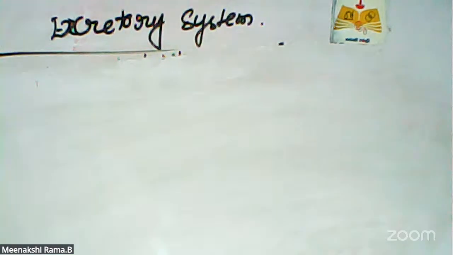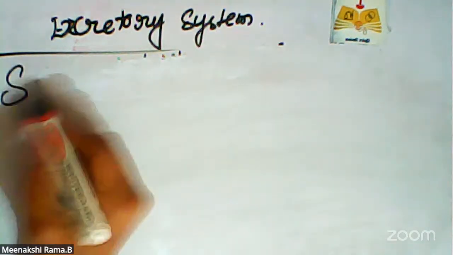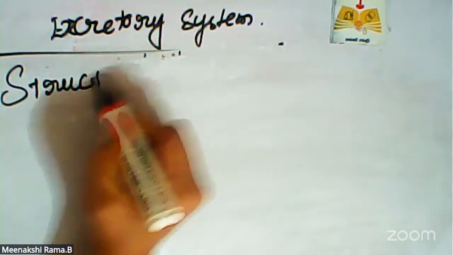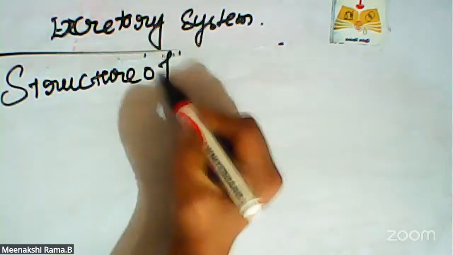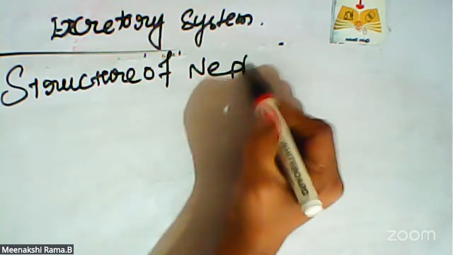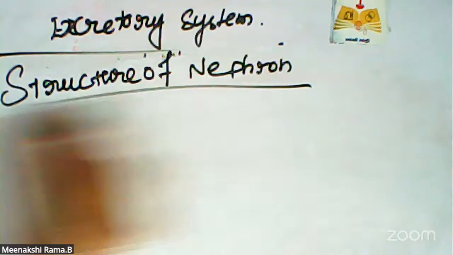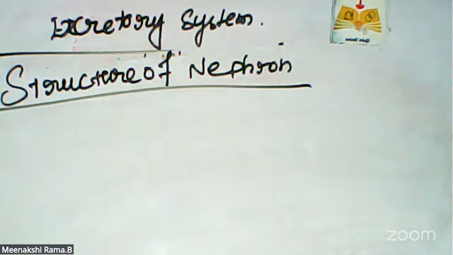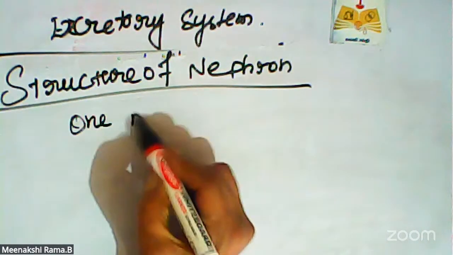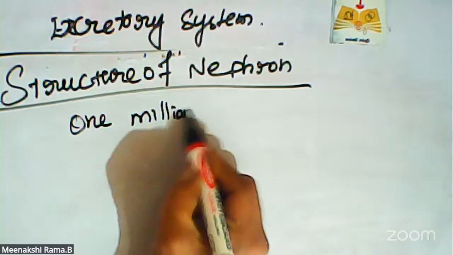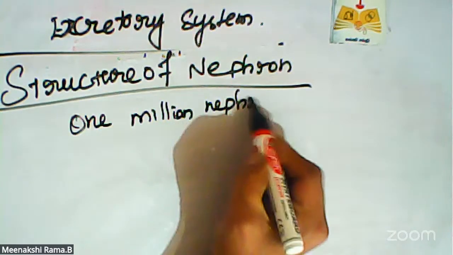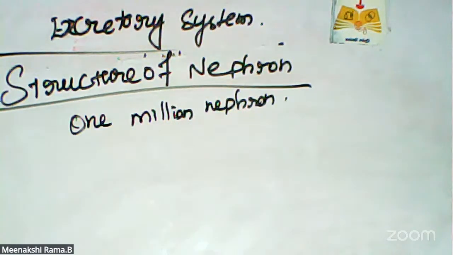So next topic is structure of nephron. Each kidney consists of more than 1 million nephrons. What is the function of nephrons?